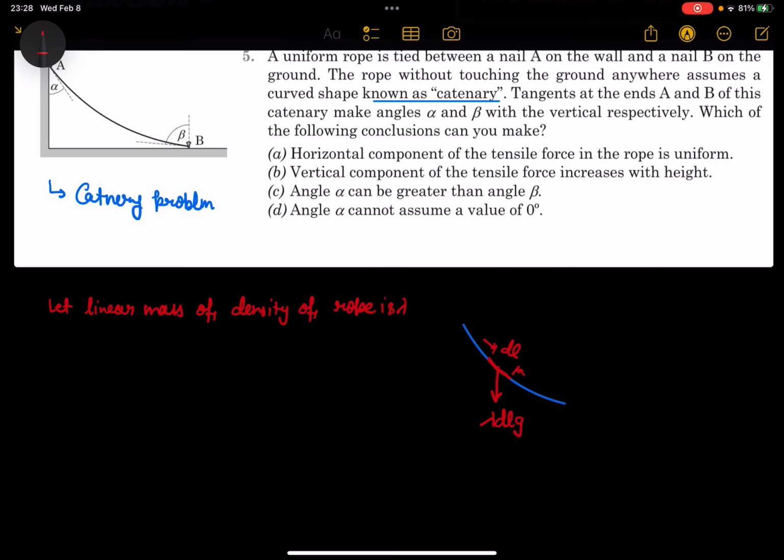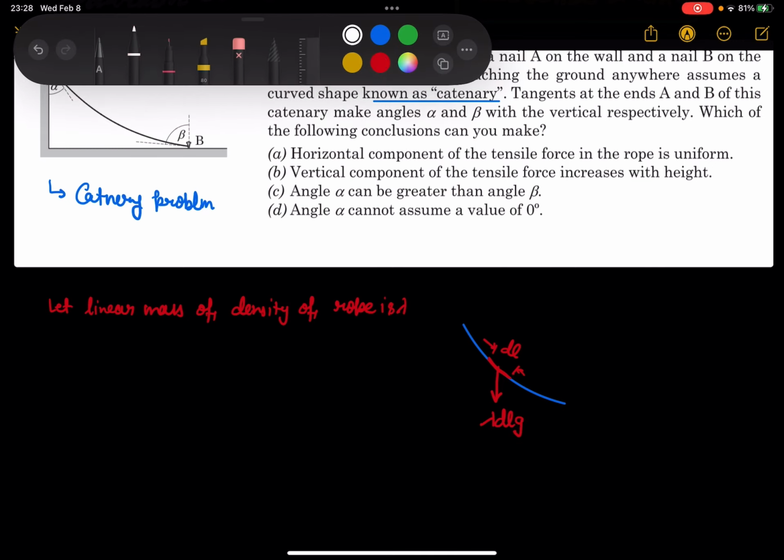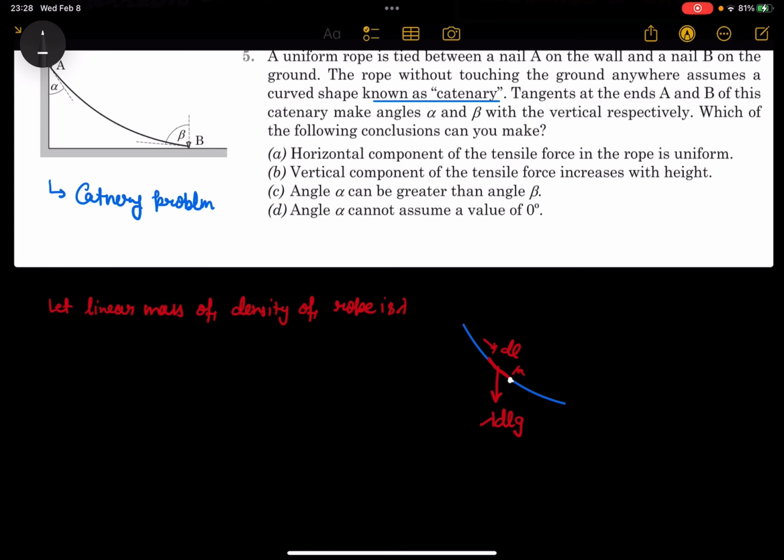Now I tell you one thing. Here one tension is developed, let's say it is T1, and here a tension is developed, let's say T2. Of course, this angle is called theta 1 and this angle is called theta 2. Just listen carefully.